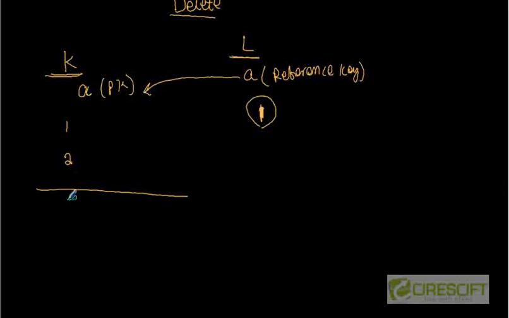Coming back to session number 1, we are trying to delete from K, so this 1 and 2 will go away. But you are starting a transaction where you are entering a child, and that child has not yet been committed.